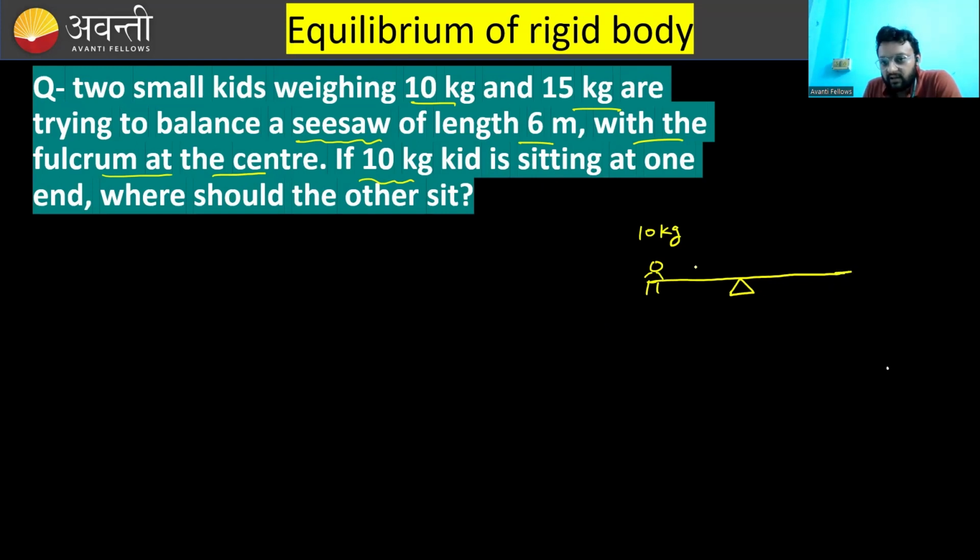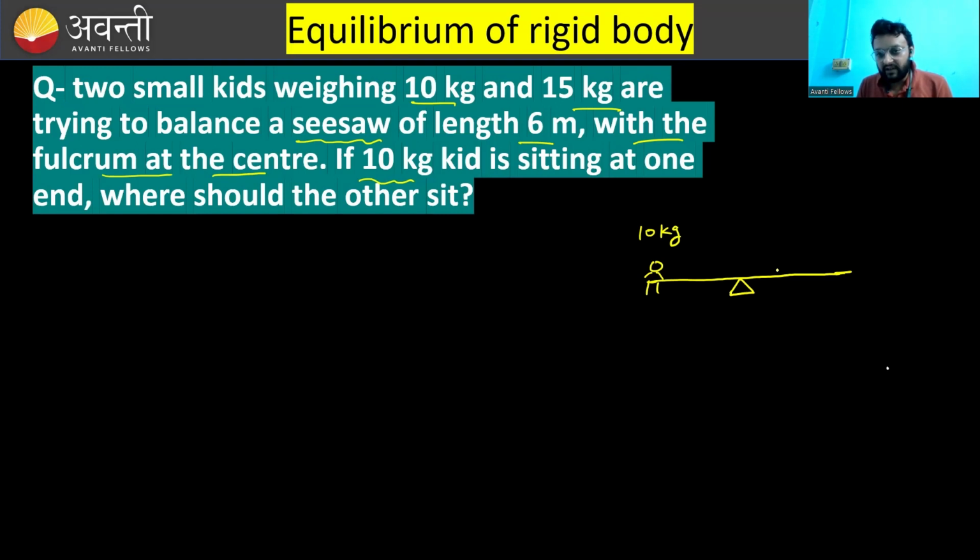Now, can you see that if this person is sitting here, then this setup will rotate like that? You can see that this seesaw will bend like that. So what will be the situation for the second person to sit?